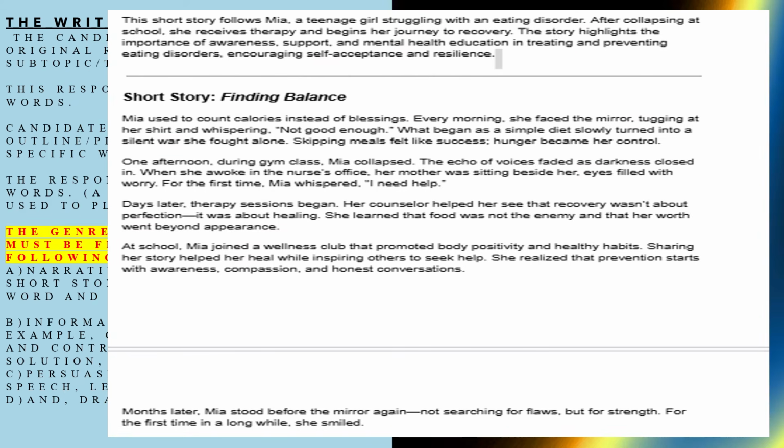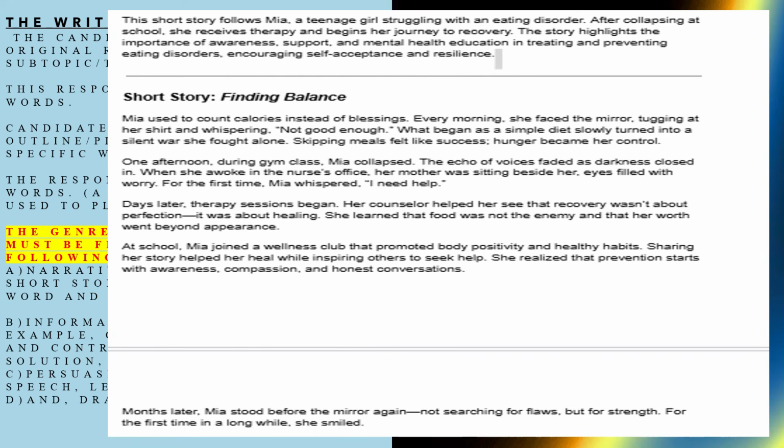Days later, therapy sessions began. Her counselor helped her see that recovery wasn't about perfection, it was about healing. She learned that food was not the enemy and that her worth went beyond appearance. At school, Mia joined a wellness club that promoted body positivity and healthy habits.